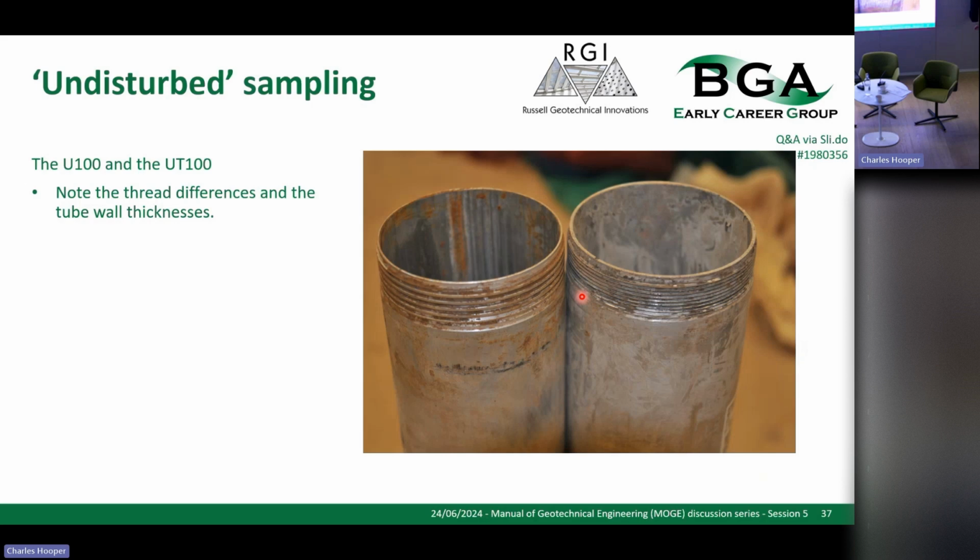It physically is thinner, and that is an aluminium tube. The new test type that came in maybe 10, 12 years ago, for Class A undisturbed samples suitable for effective stress tests, is the UT100. Okay.